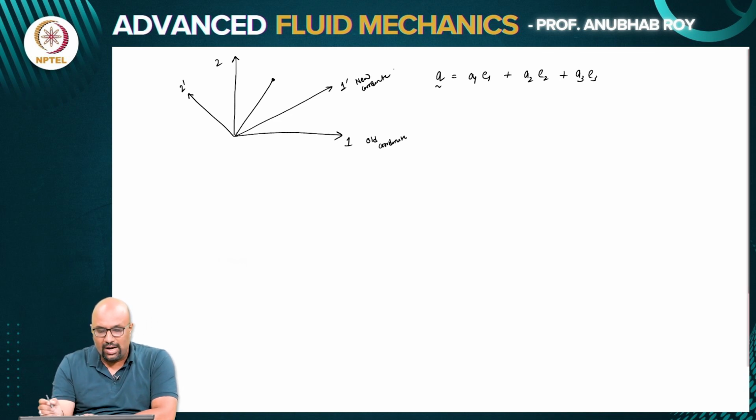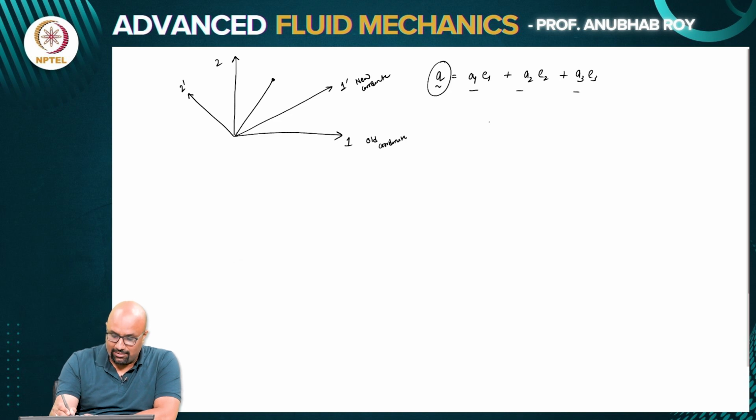So now you have this vector. Now if I were to transform, the transformation of this particular vector is not going to change the vector. What it will change would be the components of the vector. The components of the vector are going to change. So if I know the angle, I will denote the angle alpha 1 1.